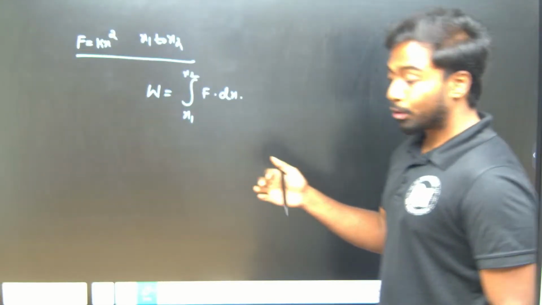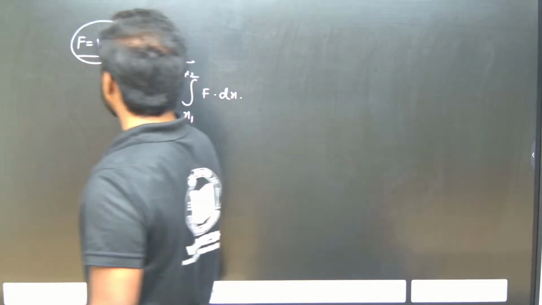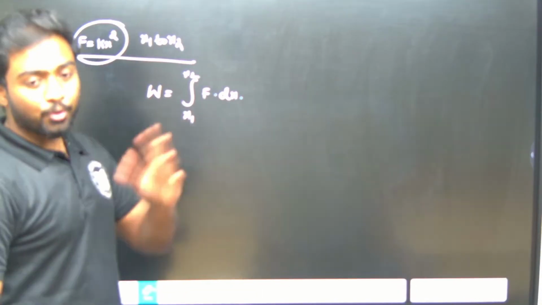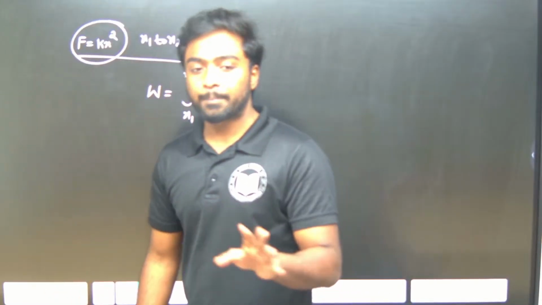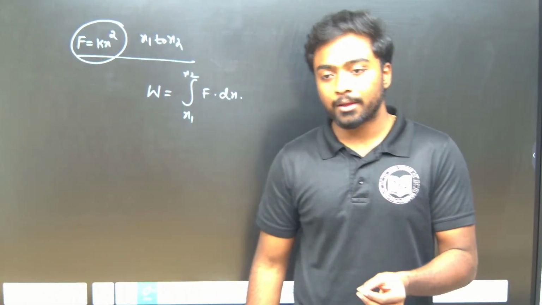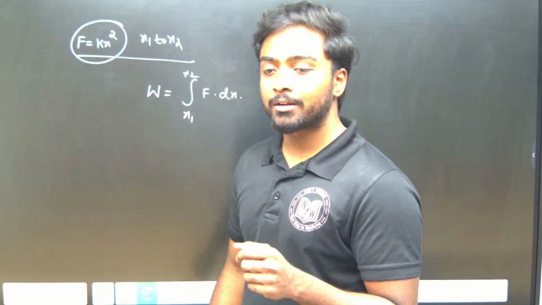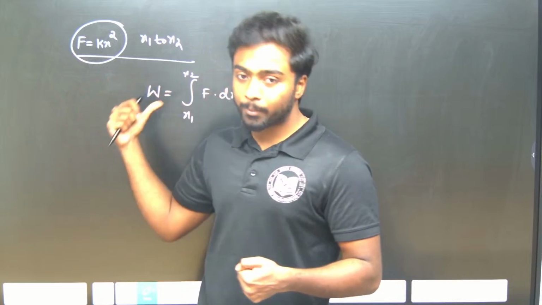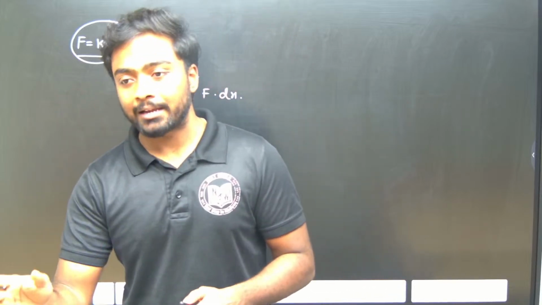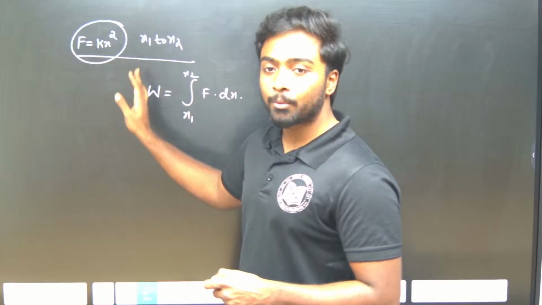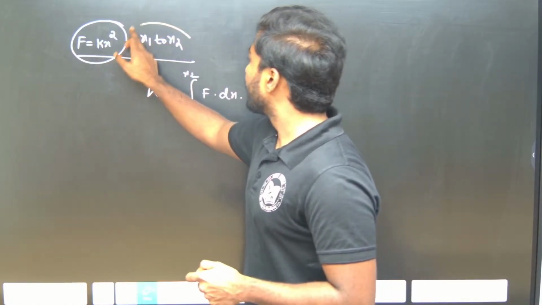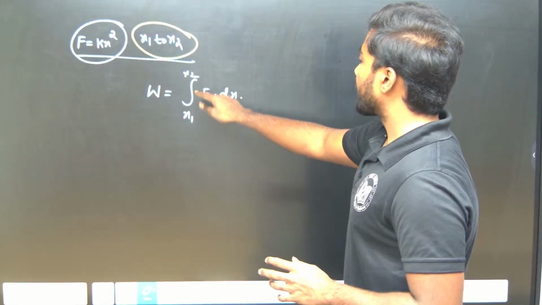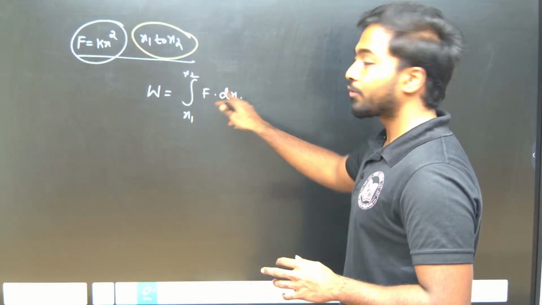Don't think that F is equal to kx square is given in terms of spring constant. No. F is directly proportional to x, F is equal to kx. But if they have mentioned in the question it is a spring force, then you can take work done by the spring. They have mentioned work done on the particle and force has been applied, F is equal to kx square, and it has been moved from x1 to x2. So W is equal to integral x1 to x2 of F dot dx.